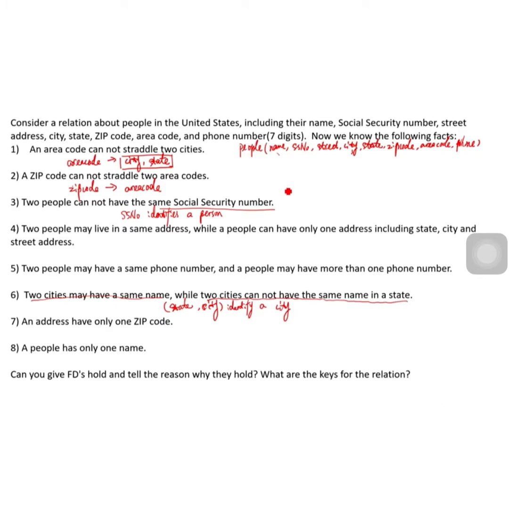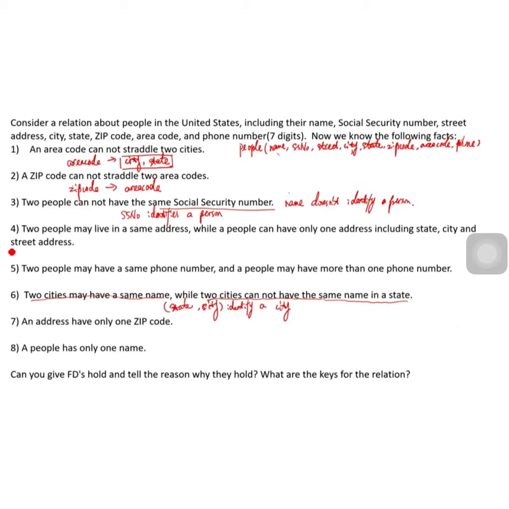Because in China, many people have the same name, so in China a name does not identify a person. And I think in the United States, a name does not identify a person either.